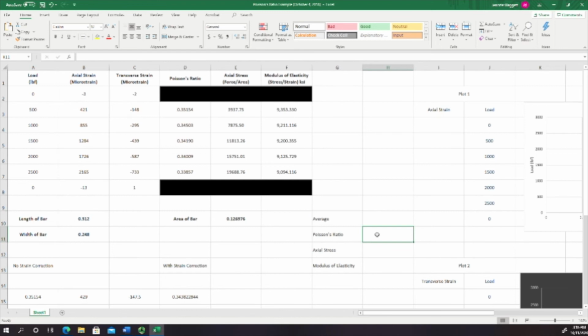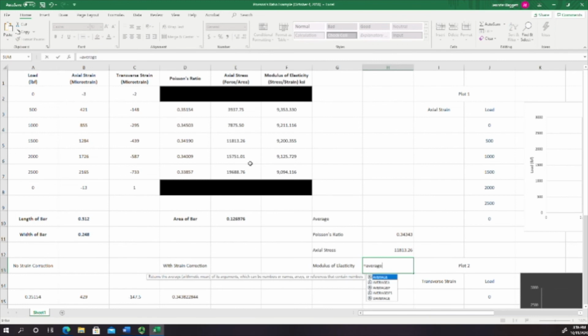So if we want to know the average of Poisson's ratio, we can do equal to average of our Poisson's ratio values. So our average Poisson's ratio value is 0.34. Our average axial stress is 11,813.